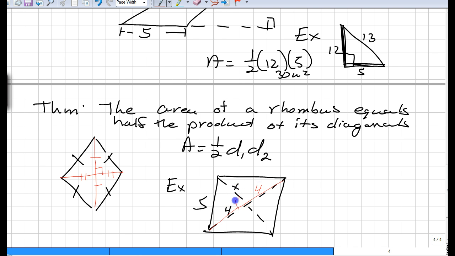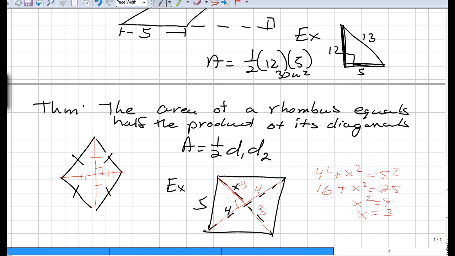And I know that this is a right angle, and so therefore I can find this length by using Pythagorean theorem. So I know that 4 squared plus x squared has to equal 5 squared. So 16 plus x squared has to equal 25. X squared has to equal 9, so x equals 3. So that means this part is 3.